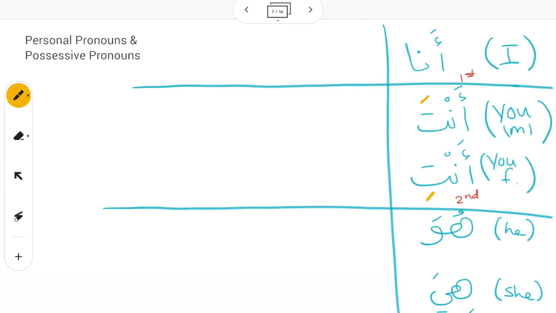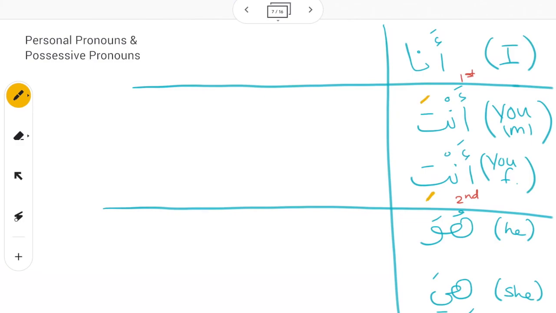So these right here are your personal pronouns. Possessive pronoun is when you take that personal pronoun and you want to change it into mine. So instead of saying I, you want to refer to yourself, that something is mine. Okay? You want to refer to it as yours.